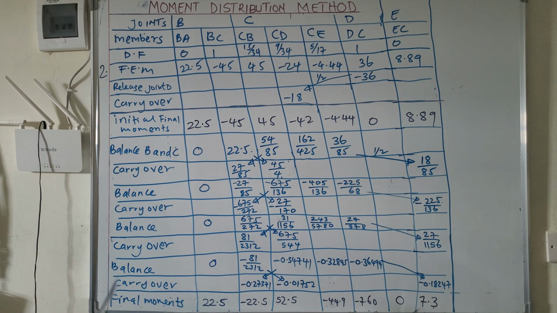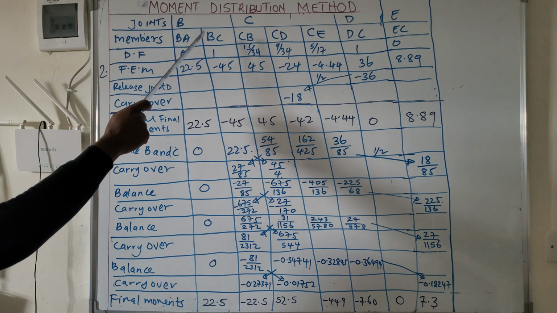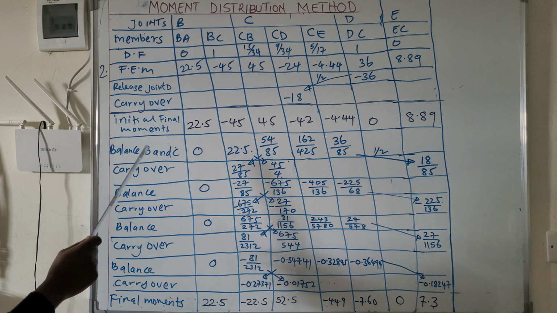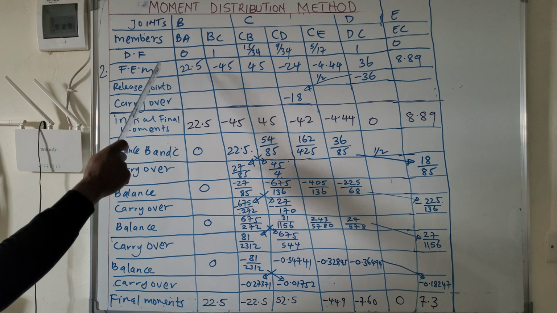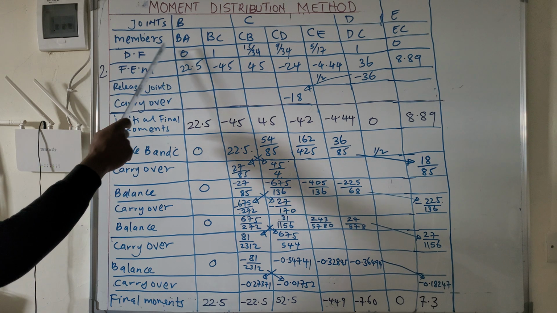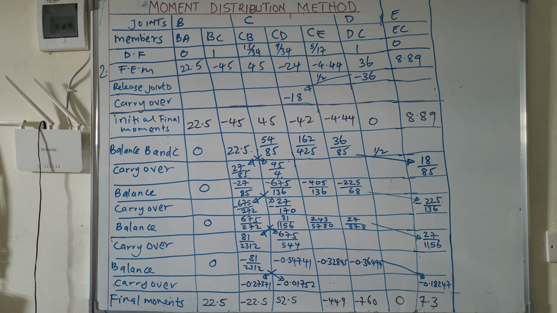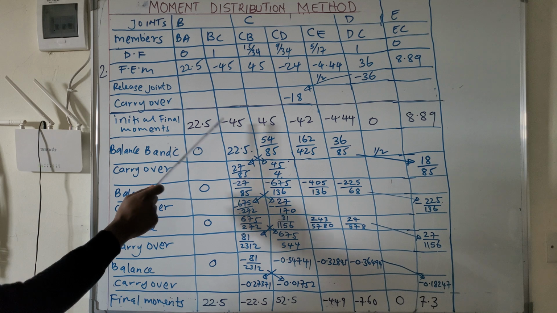If you add the fixed end moments at a joint and the result is not 0, then the joint is not in balance, so you distribute the result by multiplying with the distribution factors of each member to make it balance.